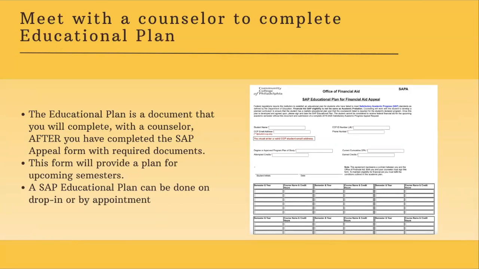This form will provide a plan for your upcoming semester. So you and your counselor will look over courses that you and the counselor agree upon for your next upcoming semesters towards graduation. A SAP educational plan can be done on drop-in or by an appointment.